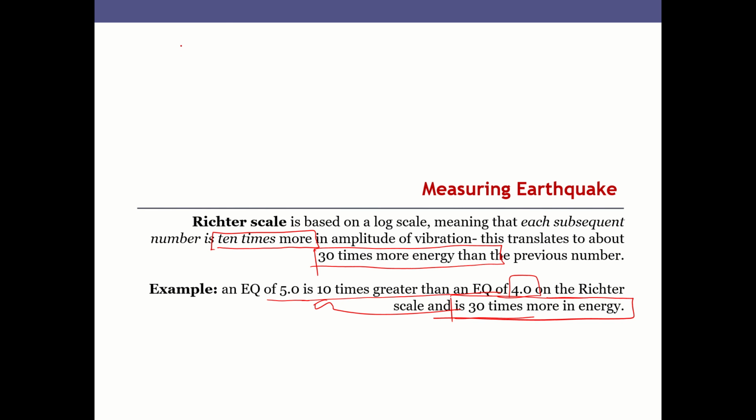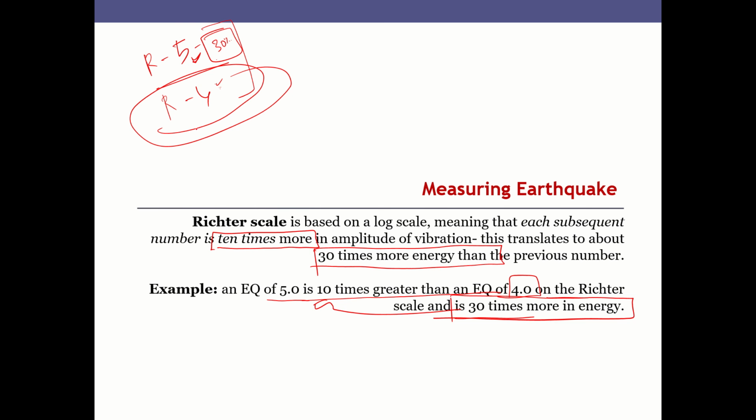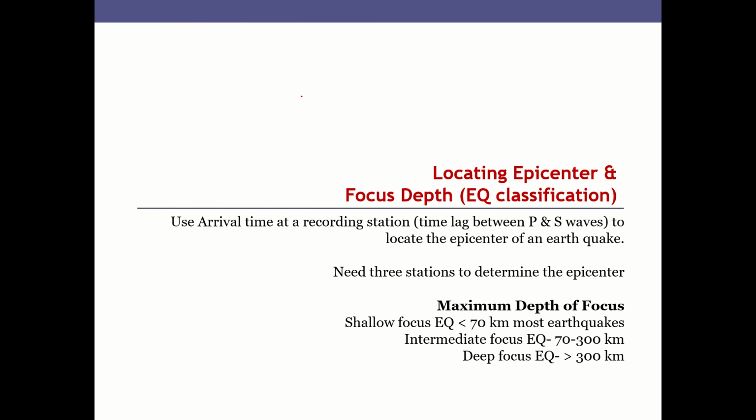So very quickly, when we compare an earthquake of Richter scale 5 with one of Richter scale 4, there is 30 times more energy being released in 5 than in 4. Okay, so that's what we should keep in mind between the scales.